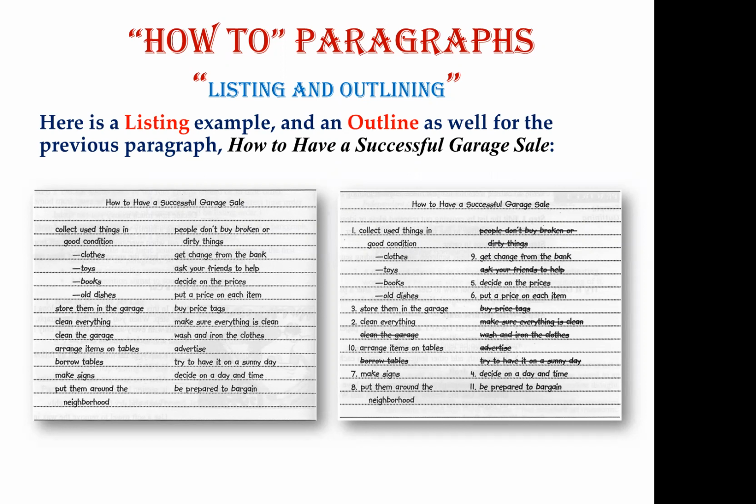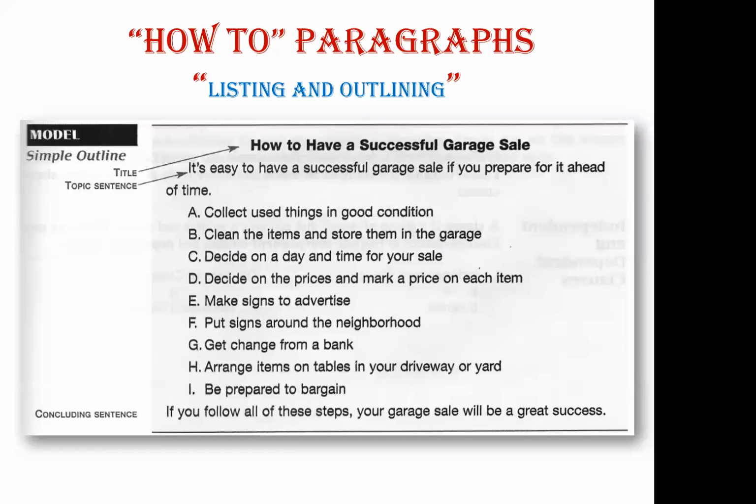This is the two steps for listing. Then I put them in an outline. Okay, what is an outline? This is the outline. It is just a paragraph, but we don't use the transition signals, okay?